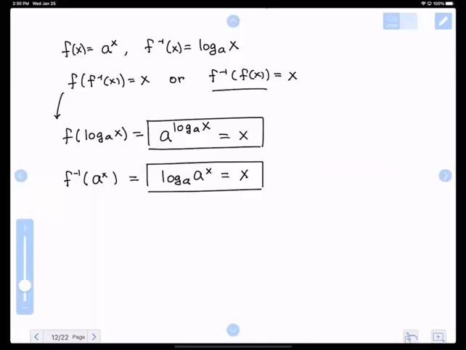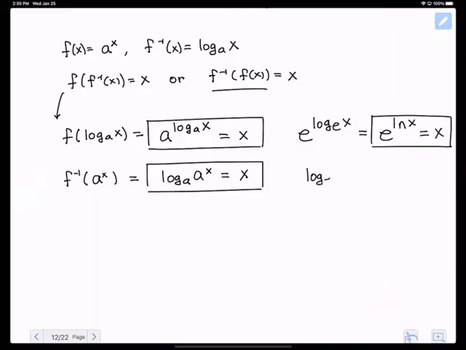Now we want to write this in terms of e. Log base e of x, I just replace a with e. That's exactly the same as e to the ln of x, which is x. Log base e of e to the x, that is ln of e to the x, which is x.